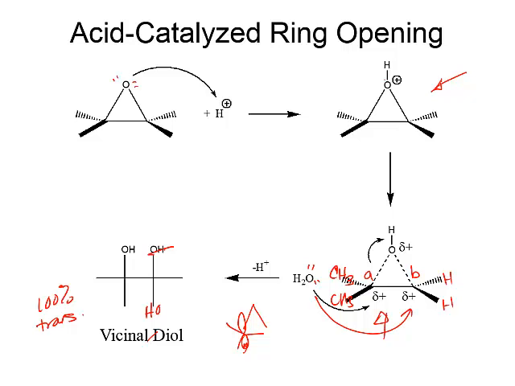Patrick? Does it add to A because it's more substituted, it's more positive? More positive, you mean more delta positive? We agree with that? Yeah. So in other words, that has the greatest delta positive charge.